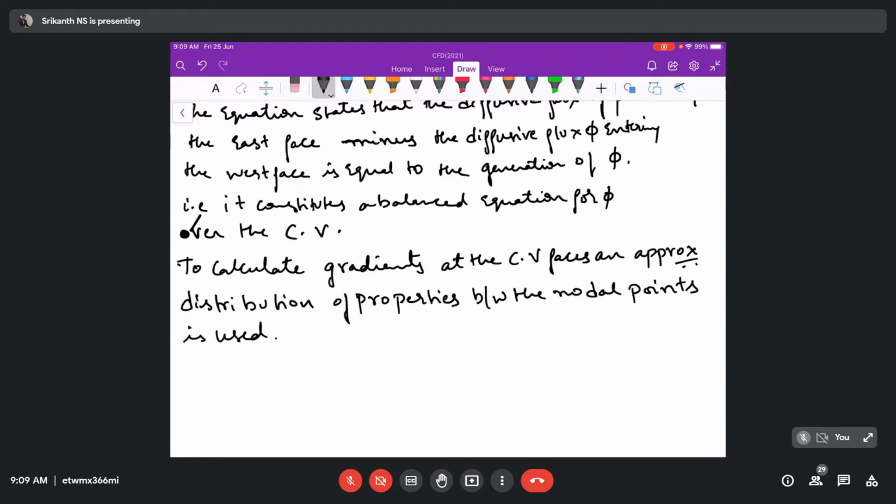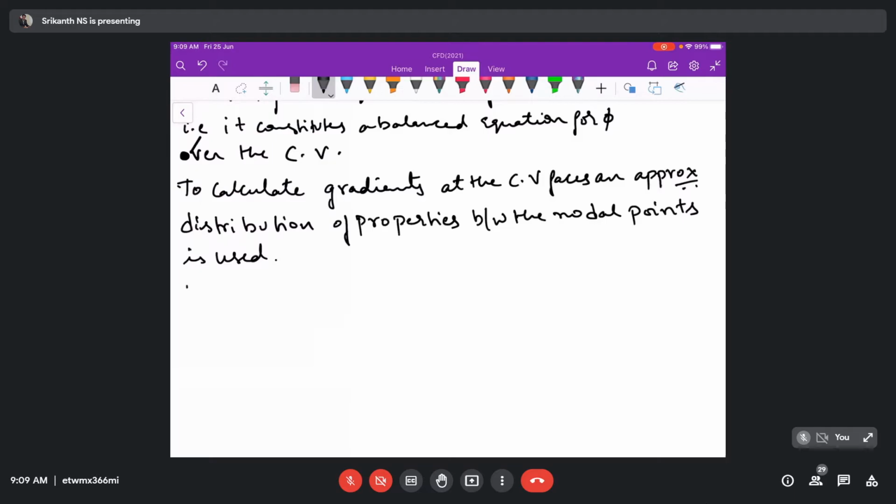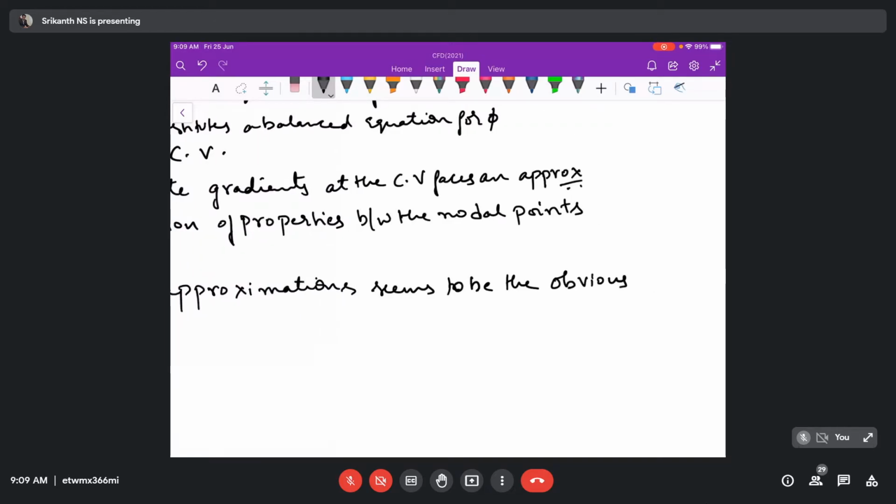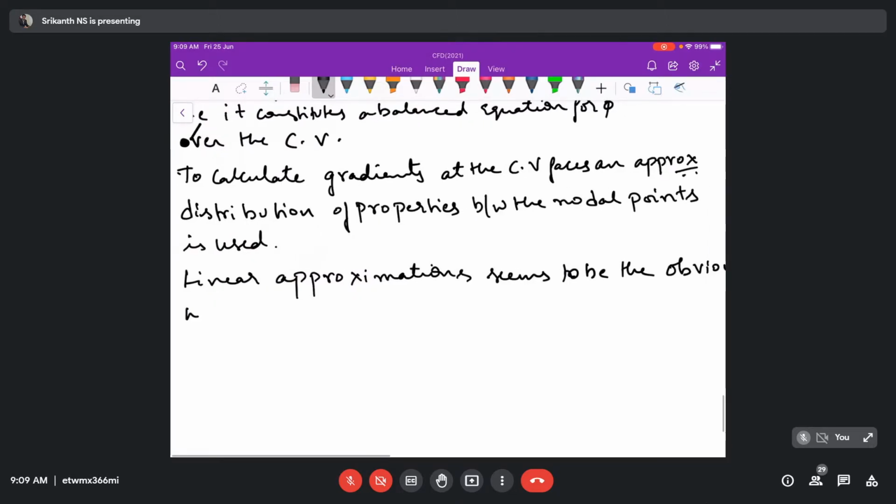I'll tell you what it is. First, we will write that. In the next line you can write: linear approximation seems to be the obvious choice, the obvious and simplest way of calculating interface values and the gradients.